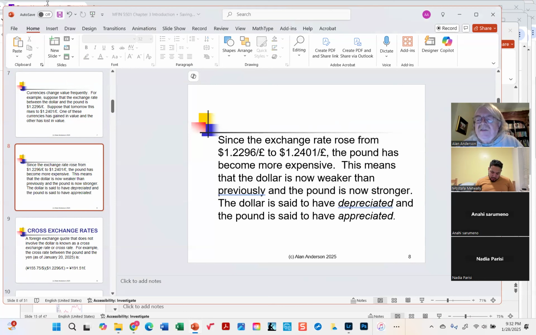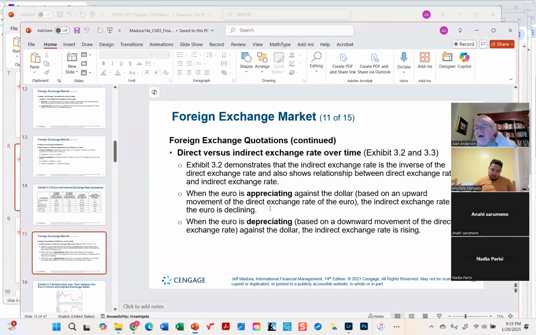Like when the British left the European Union during Brexit, the pound fell off very dramatically, and it really hasn't recovered since then. A lot of this is based on market sentiment. So currencies can lose a lot of value in a big hurry, but they can also rally very quickly. They're very volatile assets, to say the least, and a lot of it is driven by market sentiment.